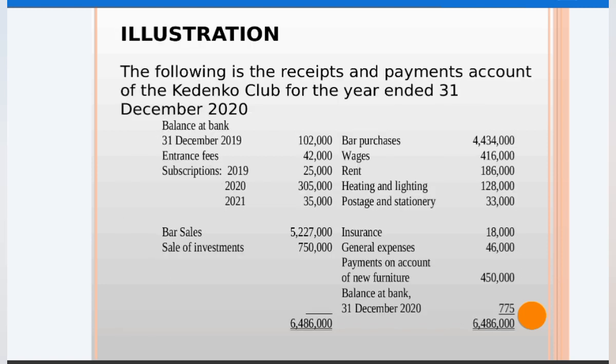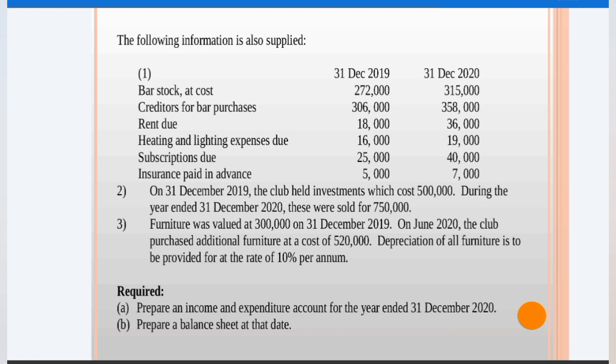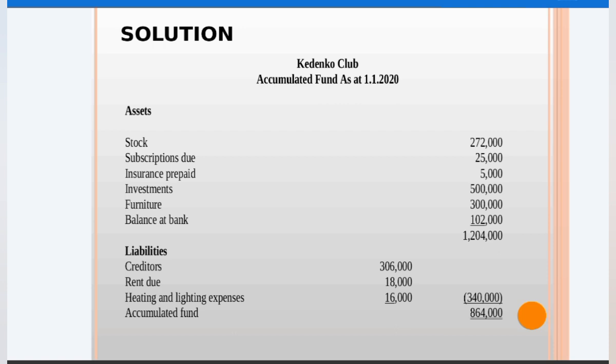So the first thing we do is look at our receipts and payments account. The opening balance in the receipts and payments account is 102,000, so whatever we have in the bank is 102,000.